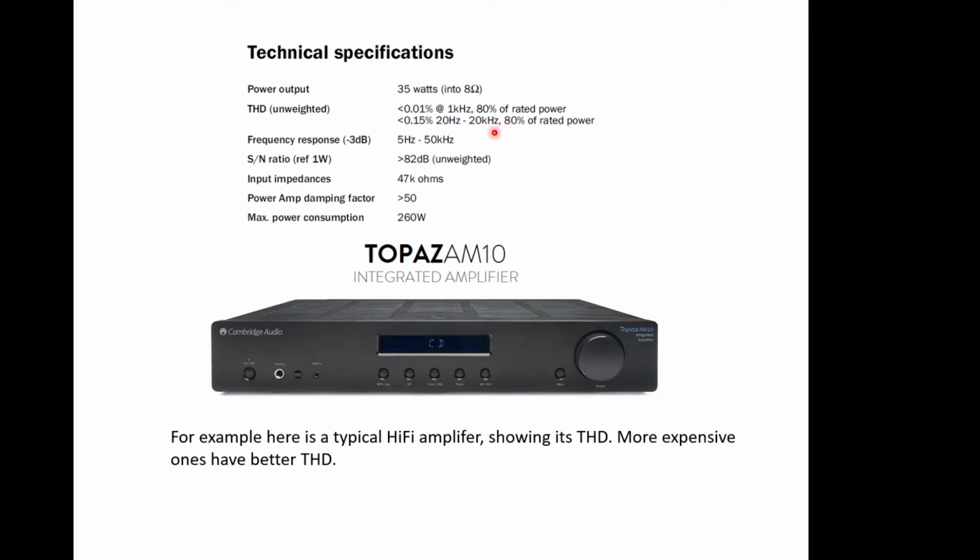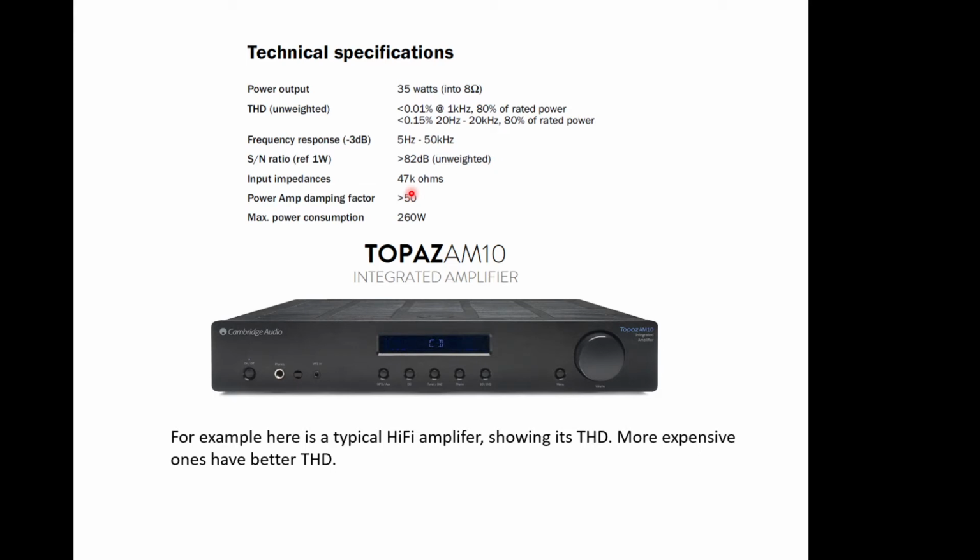At 80% of rated power, you can see that obviously it's pretty good at 1 kilohertz, but there are some other frequencies where it's not quite as good, so we're down at 0.15% across that whole range at 80% of the power, which is not bad really. But it also tells us its frequency response down to minus 3 dB is 5 Hz to 50 kilohertz, so it actually has a fairly flat response up to 50 kilohertz, which is well outside the alleged audio range.